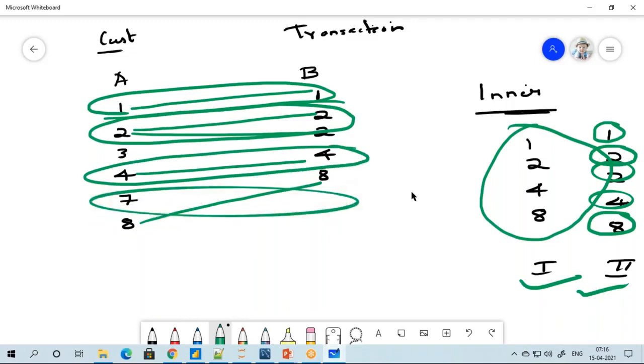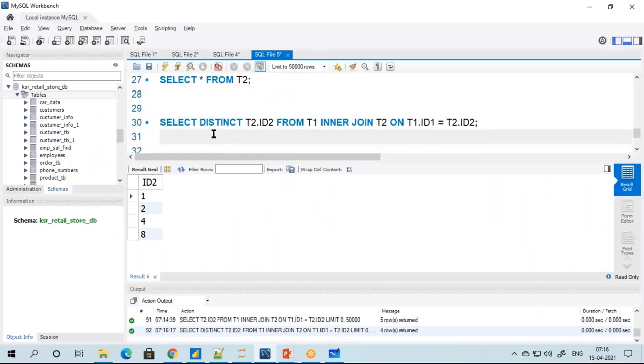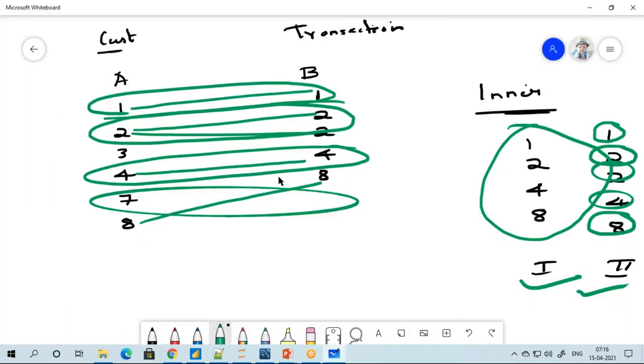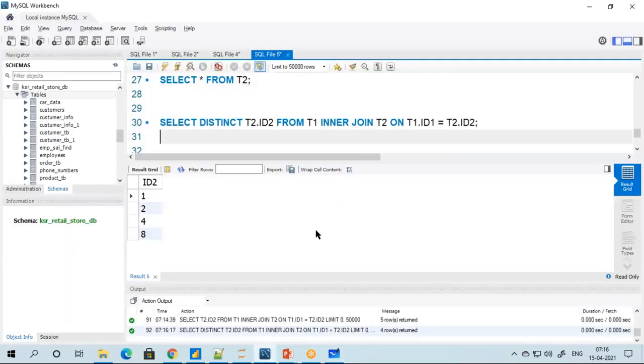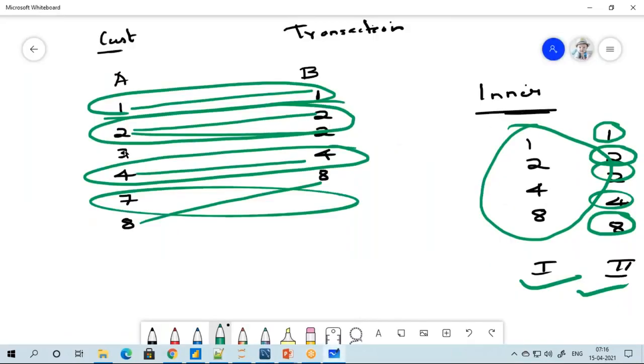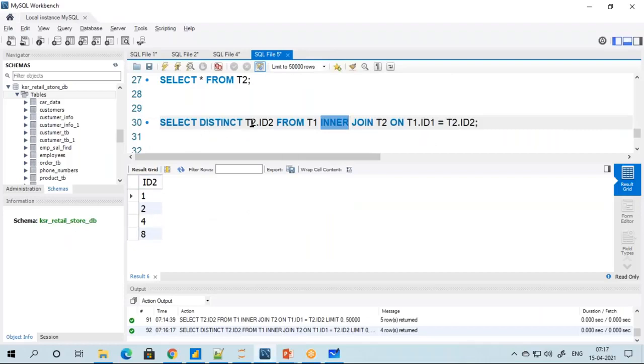Whichever is matching, only give that. Inner join means only matching records on both tables. See, 3 is not there, 7 is not there. You can never see 3 or 7. Either you select 1 or you select 2, you will not get it.